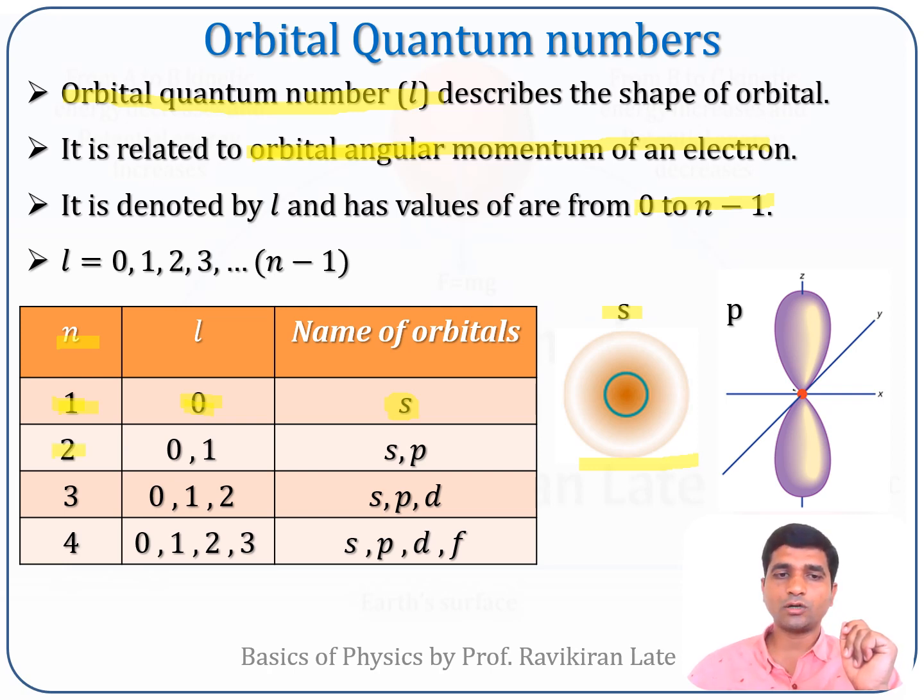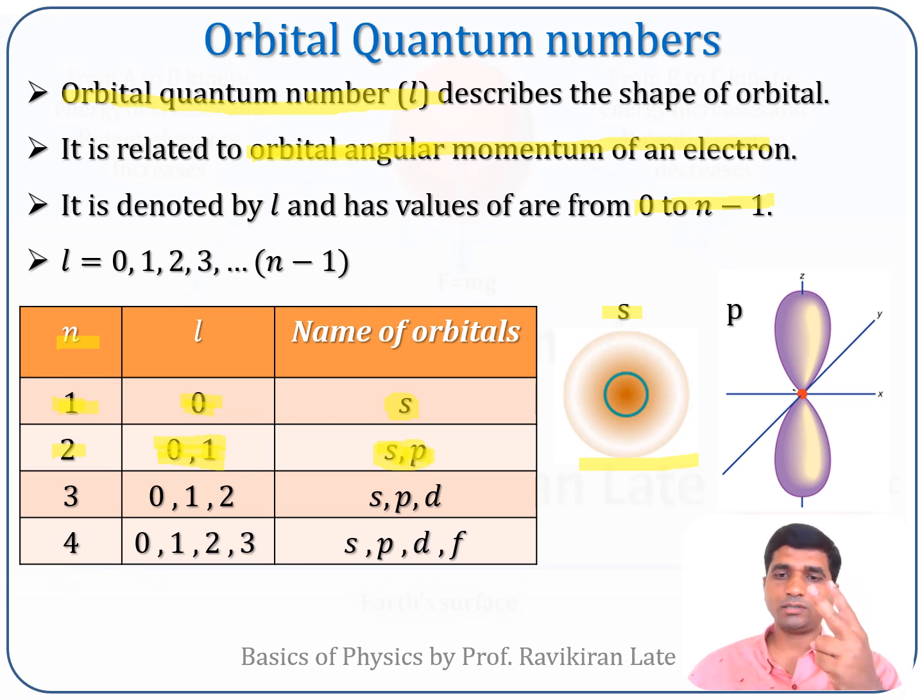If you consider the second orbit, that is n equal to 2, the L shell. For n equal to 2, the possible values of the orbital quantum number are 0 to n minus 1, that is 2 minus 1, which is 1. So it is 0, 1. L equal to 0 corresponds to the s orbital, and L equal to 1 corresponds to the p orbital.